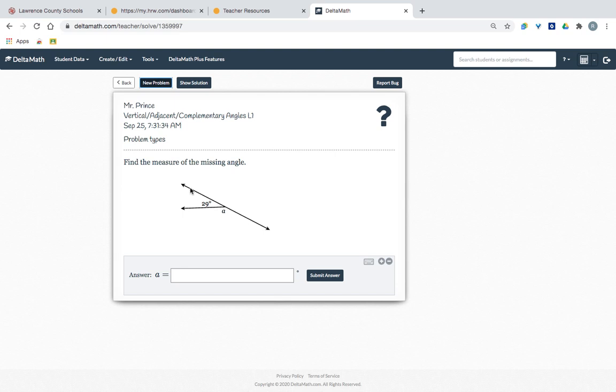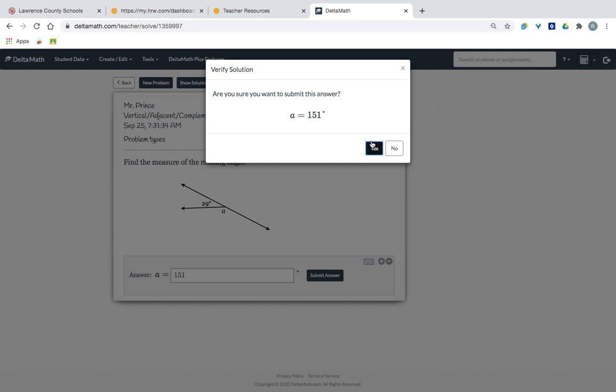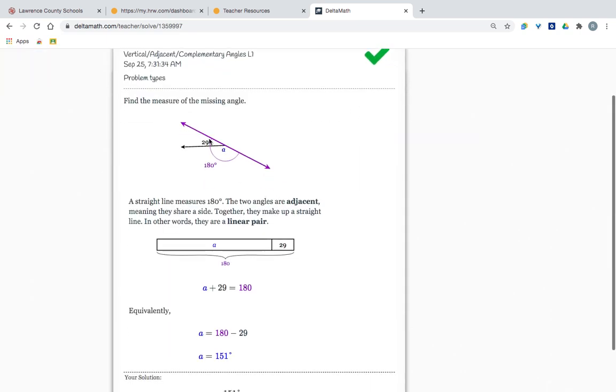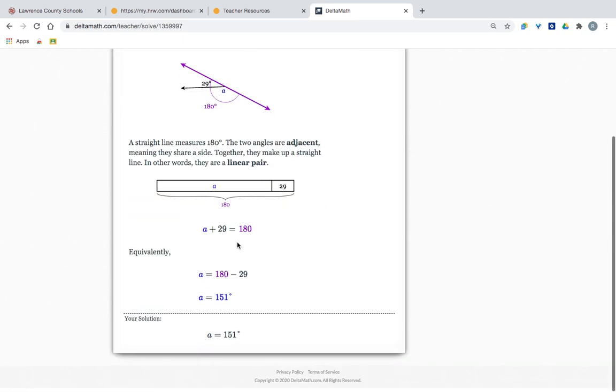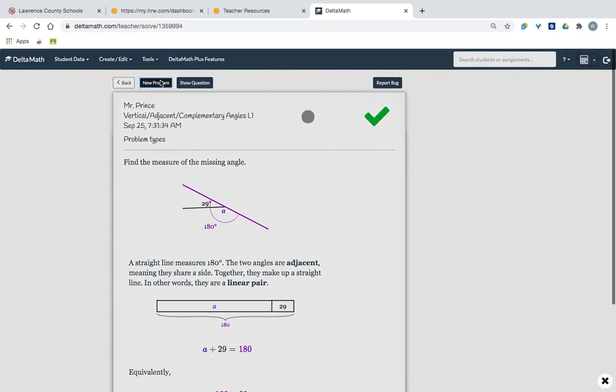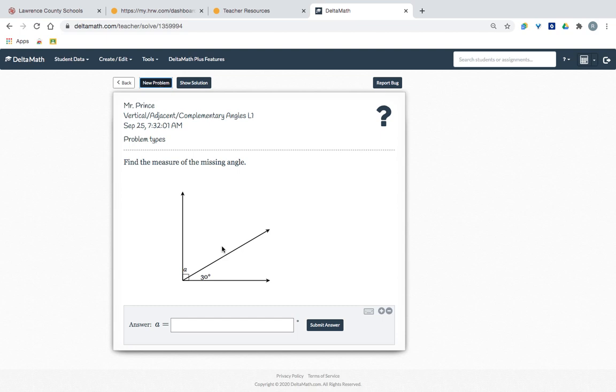And we got another one here. Remember, the whole line's 180. This little part here is 29. So 180 minus 29 is going to give us 151 degrees. And again, like I said, it shows you 180, the whole thing. You should not have too much trouble with this.